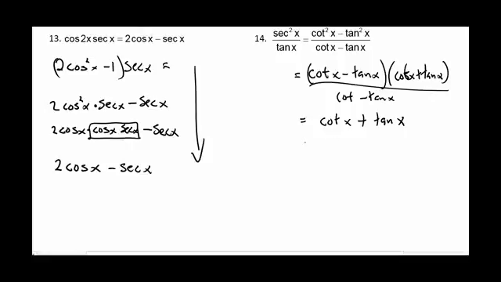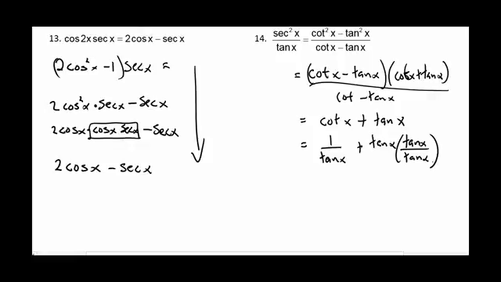Actually, I'm going to rewrite cotangent as 1 over tangent, plus tangent. Then I want a common denominator, because I want the denominator to say tangent, so I'm going to multiply by tan x over tan x.